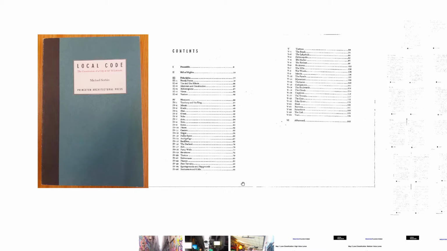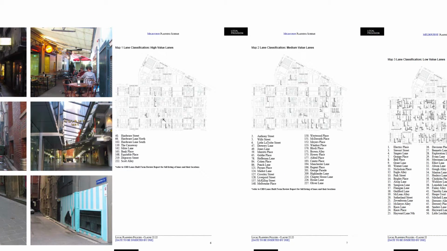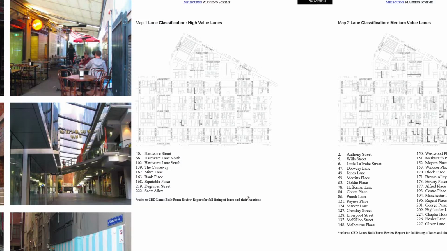An example of this type of approach is Melbourne, where I spent a long time. Melbourne has a 19th century urban structure with really tight laneways. I was involved, not in Melbourne, but in Brisbane, in setting up laneway guidelines, so I got to look at a lot of Melbourne's guidelines.